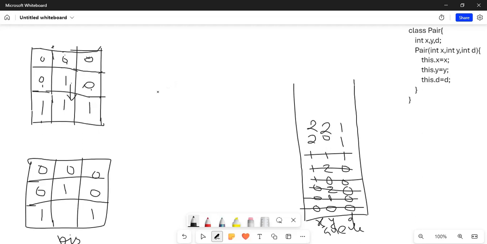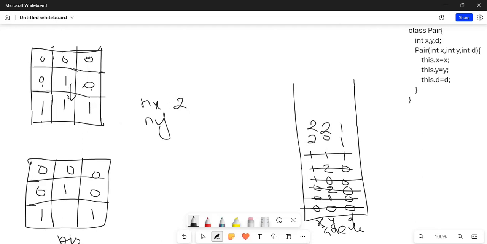Now let's solve. What will be the new x and new y? Here we have x1 and y1. If you are going in the below direction, the new x will be x plus 1. That means x is 1, now increase, so the new x will be 2.